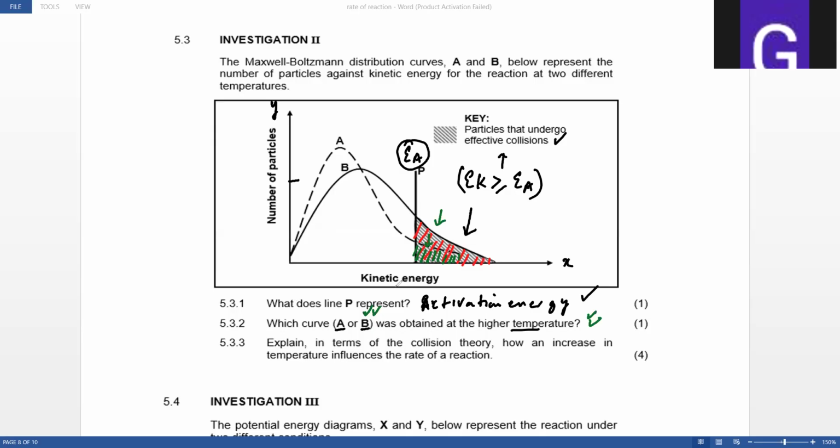It says, in terms of collision theory, explain how an increase in temperature will influence the rate of reaction. We're just going to talk about what I said.